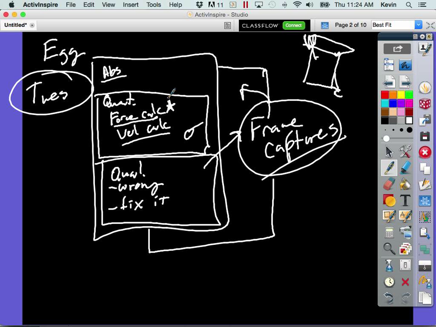That's pretty much it. Your force with your velocity and your uncertainties, and then a little bit of qualitative in terms of what do you think was good about it? How could you improve it? That sort of thing. Just a couple of sentences, nice and easy. You did the hard part already. You caught the egg. So you're going to get a 10, as long as you do this.